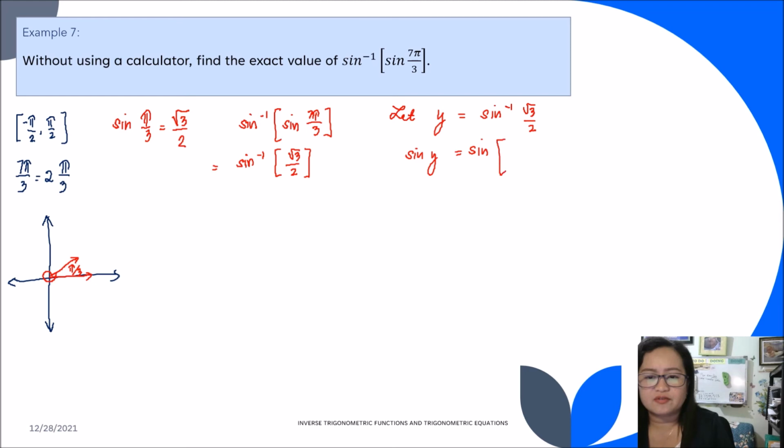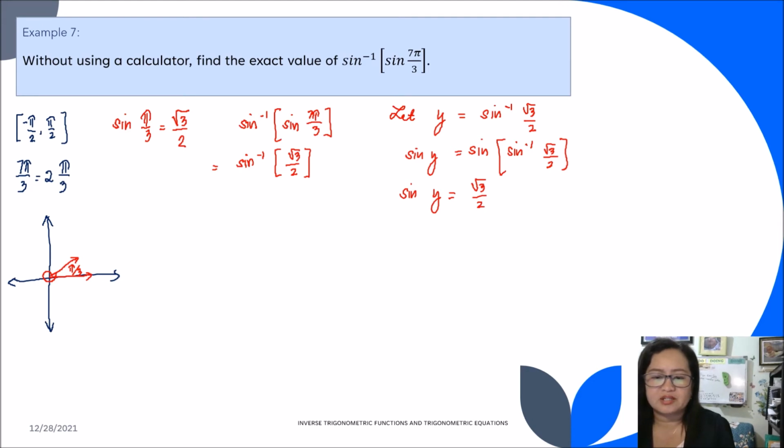So we have sine of the inverse sine square root of 3 over 2. Simplifying, we will have sine y equals square root of 3 over 2.